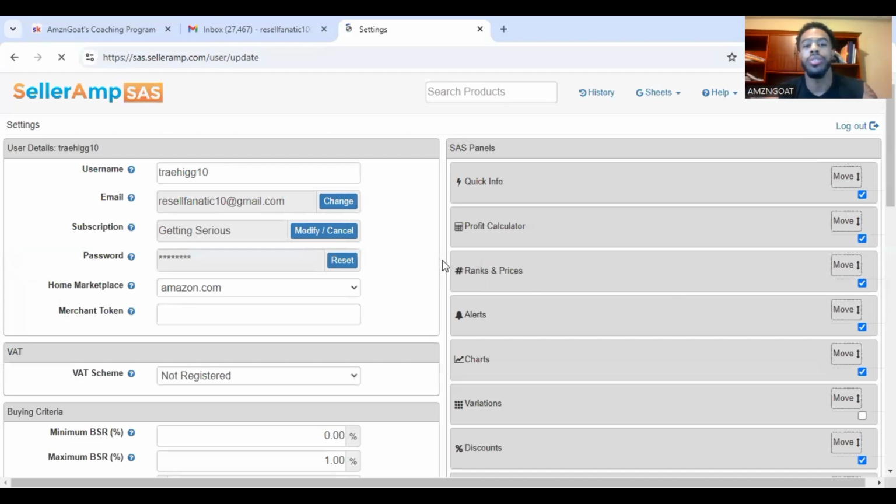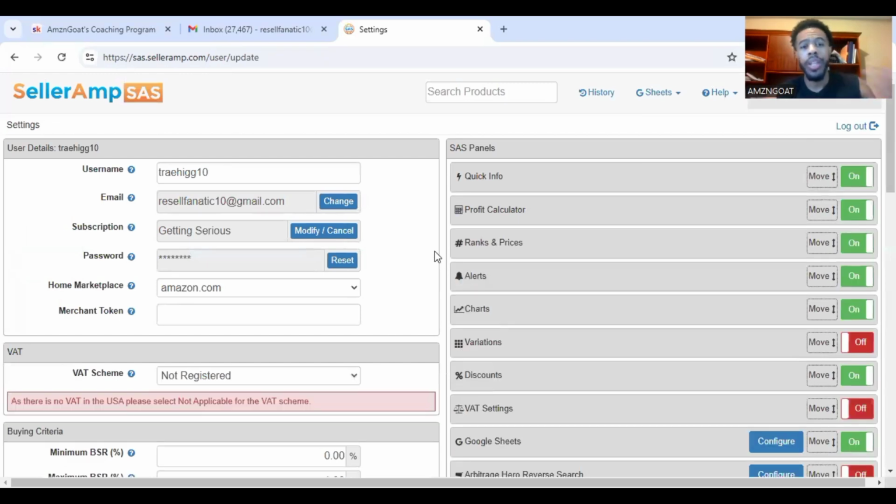This is going to be super important that you have your settings configured the right way, because the worst thing that can happen is you pull up a product and you think you're making more money off of that product than you actually are. So if you have your settings set up the correct way, you're going to get a very accurate view of the numbers you should be making off of a sale.